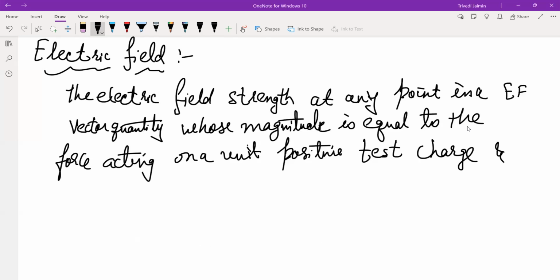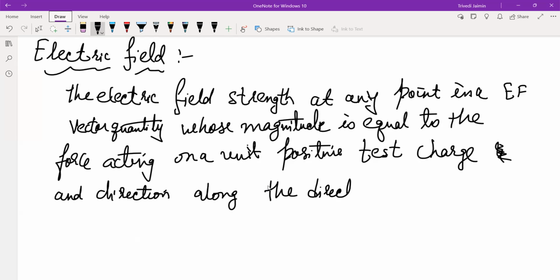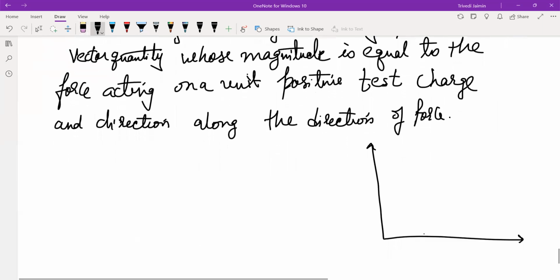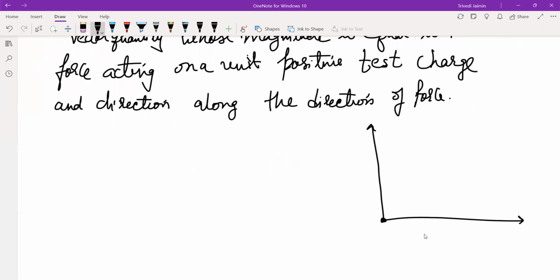And what will be the direction? The same direction as the force. You can write there in your own words: along the direction of force.